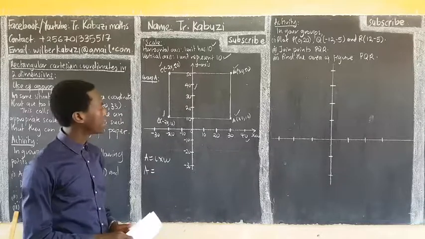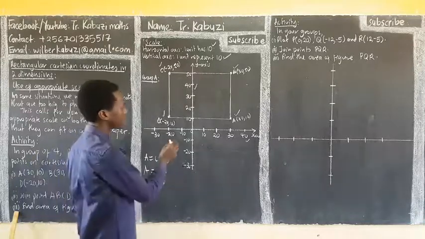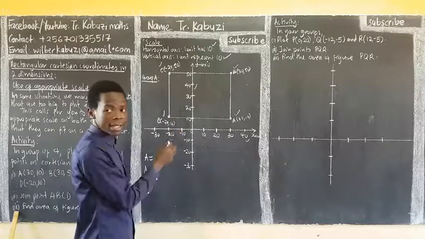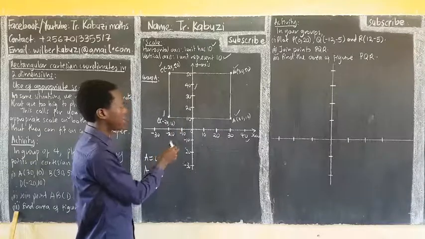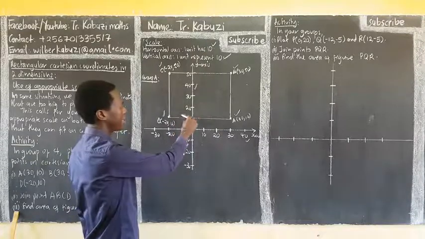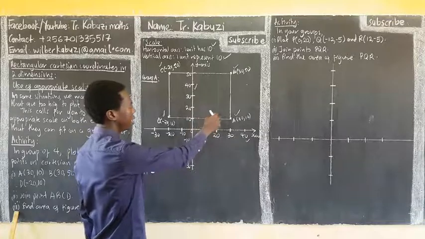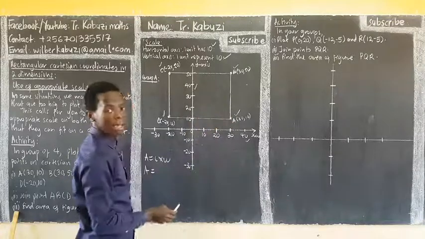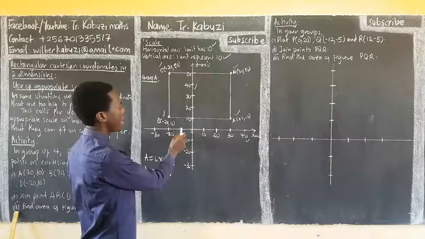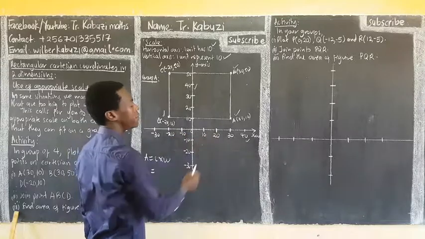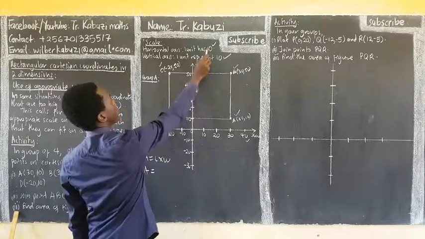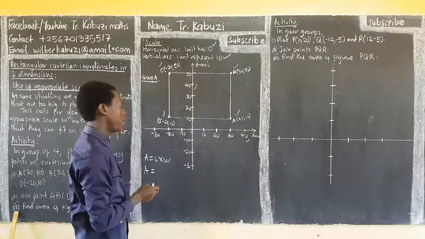D to C. So let us count and see. Because every scale is having 10, I think you count in 10. So this is 10, 20, 30, 40, 50. Or you can count 1, 2, 3, 4, 5. Then 5 units, you multiply by what each unit is.